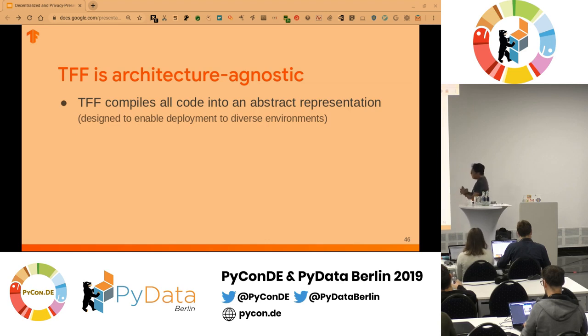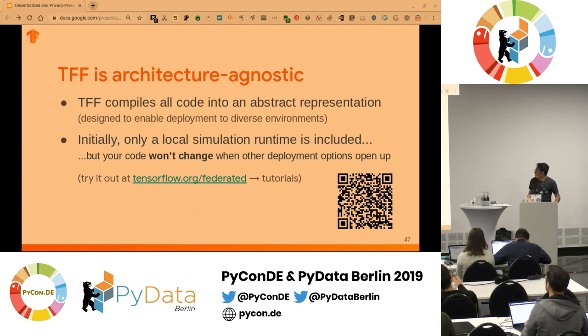Since it's essentially a serialized representation of the computation, technically you should be able to extend it to any sort of deployment environment. The devices could be any kind of devices. We would probably have to write adapters to make it run on a specific kind of platform, but TensorFlow doesn't restrict it from doing that.